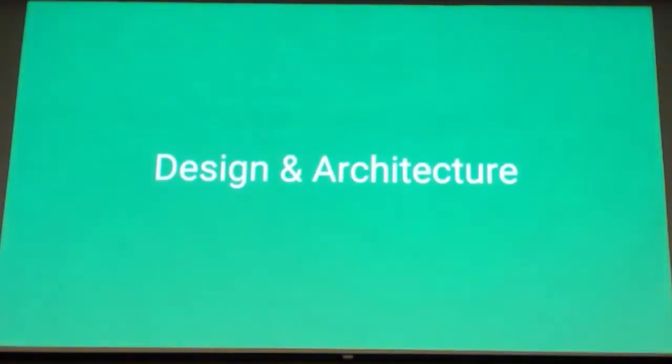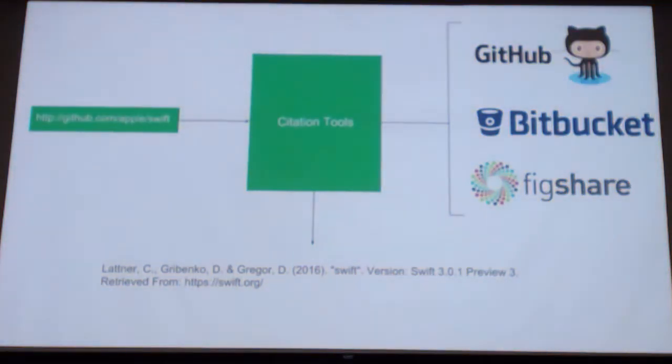Great. So now we're going to briefly go over the high-level design and architecture of our system. So really quick, what our product is meant to do, this is dictated from our requirements. On the left-hand side there, we have a URL to some sort of code source. As Rob said before, we are supporting GitHub, Bitbucket, and Figshare.